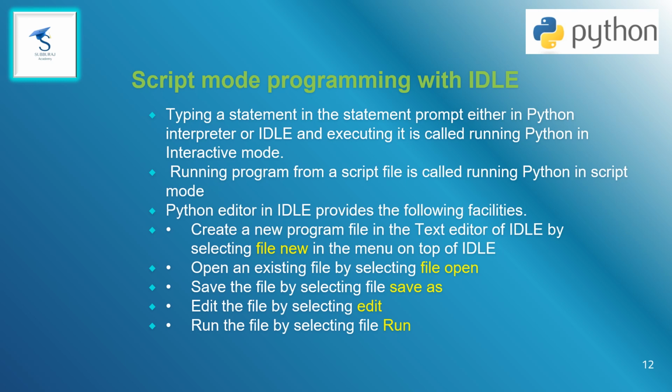Finally, you can run the program. Python is an interpreted language, so as soon as you type a line, if there's a problem, it will highlight the error with a beep. When you write a program, save it and run it, the mode is called script mode programming. IDLE can be used for script mode programming. You can also use any other IDE which we have discussed.